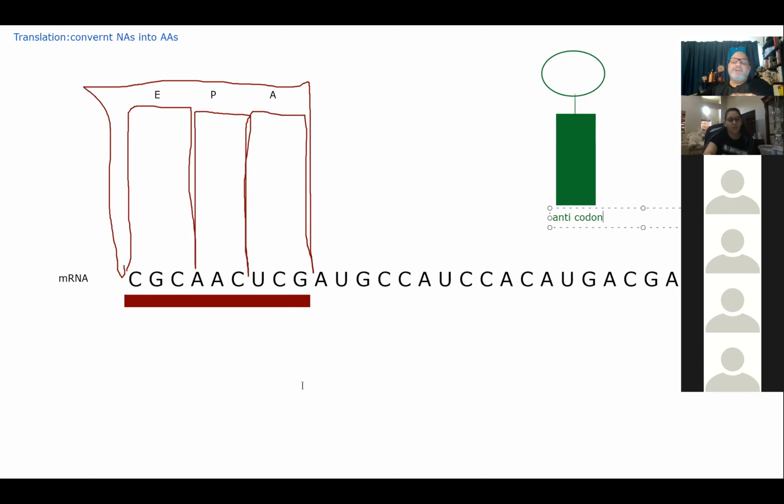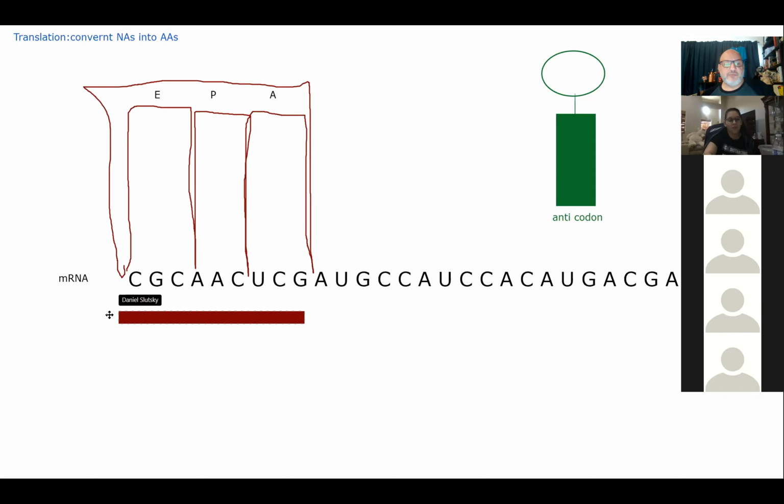Now, we also need a place for them to come together. So where would be a convenient place to start translation? Not a trick question. How about the start codon? Absolutely, AUG. And so that's exactly what's going to happen.